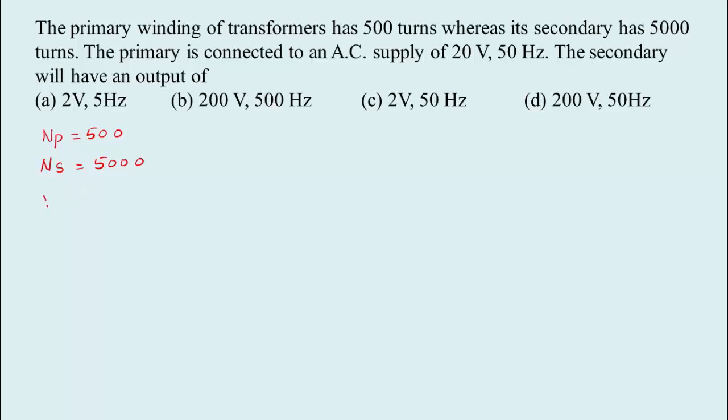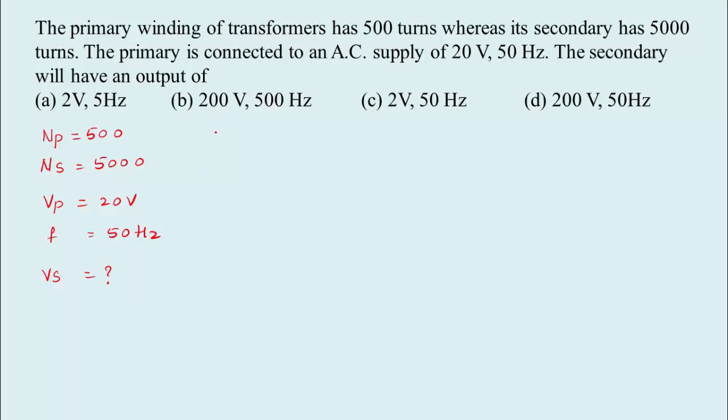That we can take as voltage across primary is 20 volt and frequency is 50 Hz. Now we have to calculate the secondary output, that is voltage across secondary.